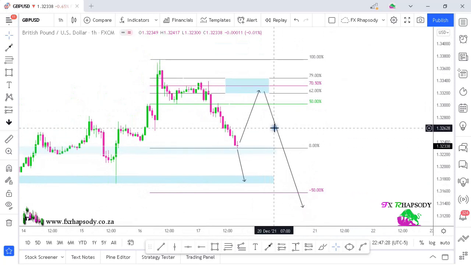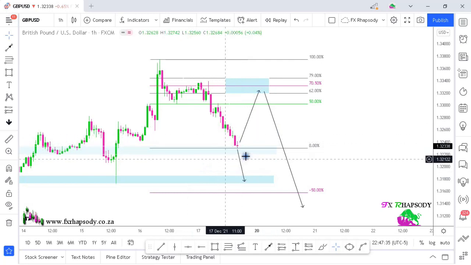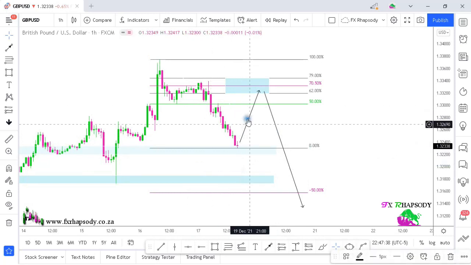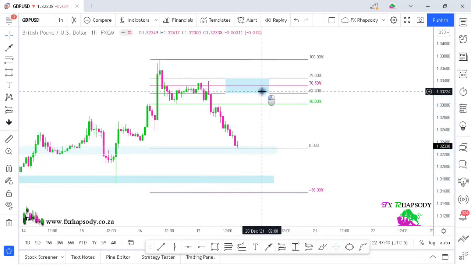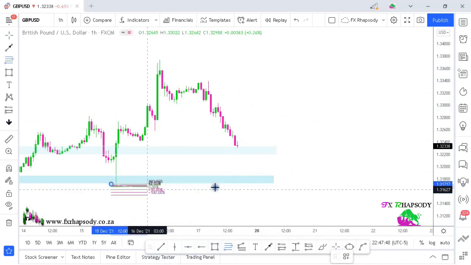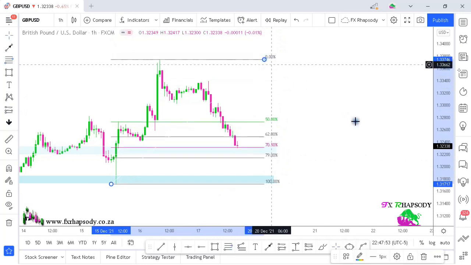Keeping that in mind, why do I say it's a turning point over here? Because we can see it in the following. If we just turn our Fibonacci around, take this swing low to that swing high over there, look at that.